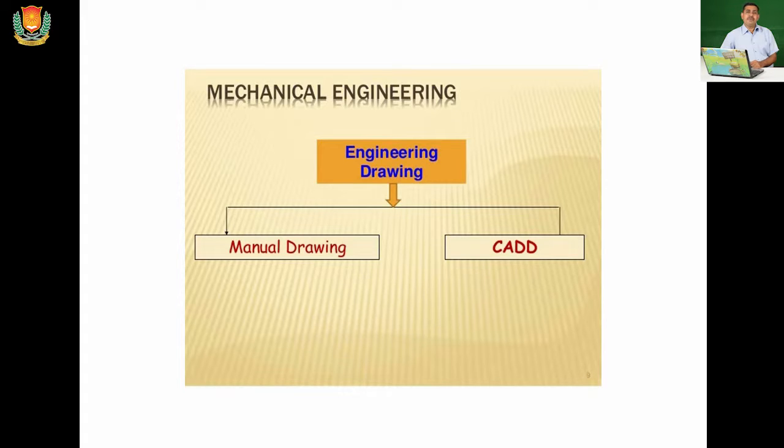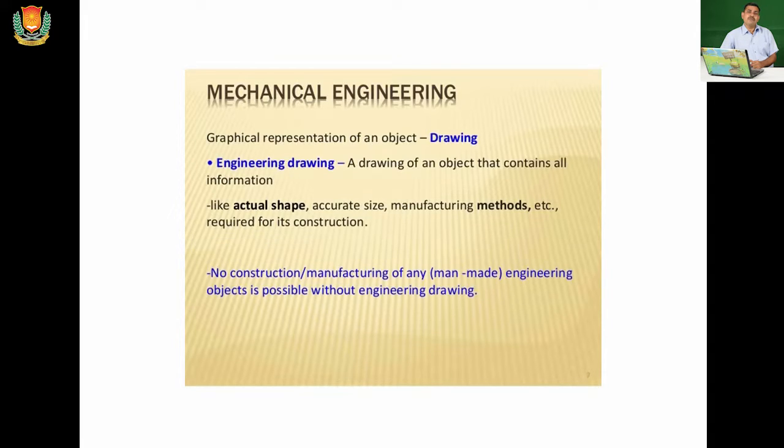Engineering drawing is again divided into two parts. One is manual drawing and second is CAD. CAD is computer aided drafting. Manual drawing is done manually with the help of instruments, and AutoCAD is drawing with the help of the computer.